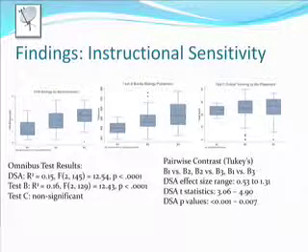So here are the findings on instructional sensitivity. On the far left is our biology test. In the middle is our comparison domain test. And on the far right, your right, is the critical thinking test. Those 3 bars on the far left side are the beginning students, the ones who've only had high school exposure to biology.